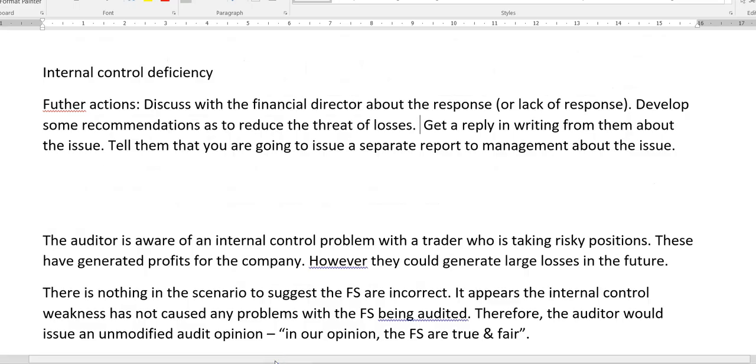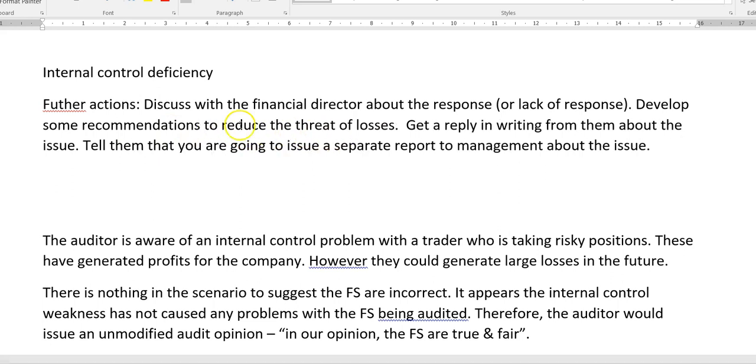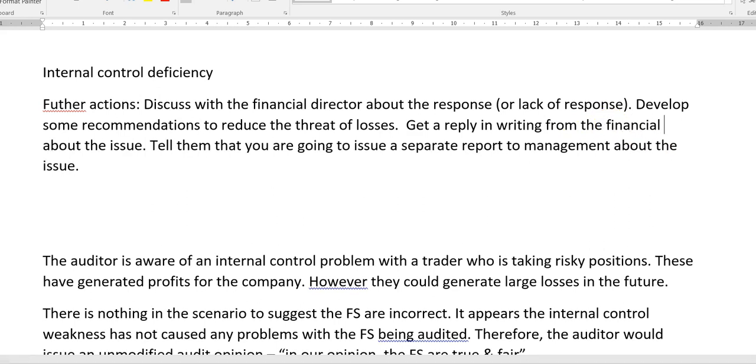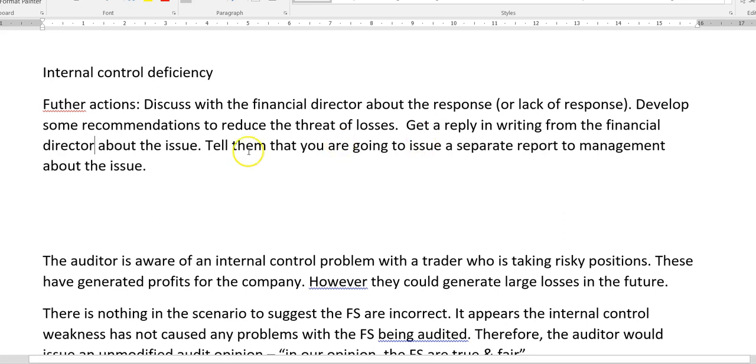So further actions, normally it's to find out more about the issue, but here we've already written to the director, so discuss with the financial director about the response or lack of response, develop, perhaps you could say, some recommendations to reduce the threat of future losses, and maybe you could say segregation of duties or more supervision of the trader, and then get a reply in writing from them as the financial director about the issue, because it's good to get something in writing and then tell them you're going to issue a separate report to management.